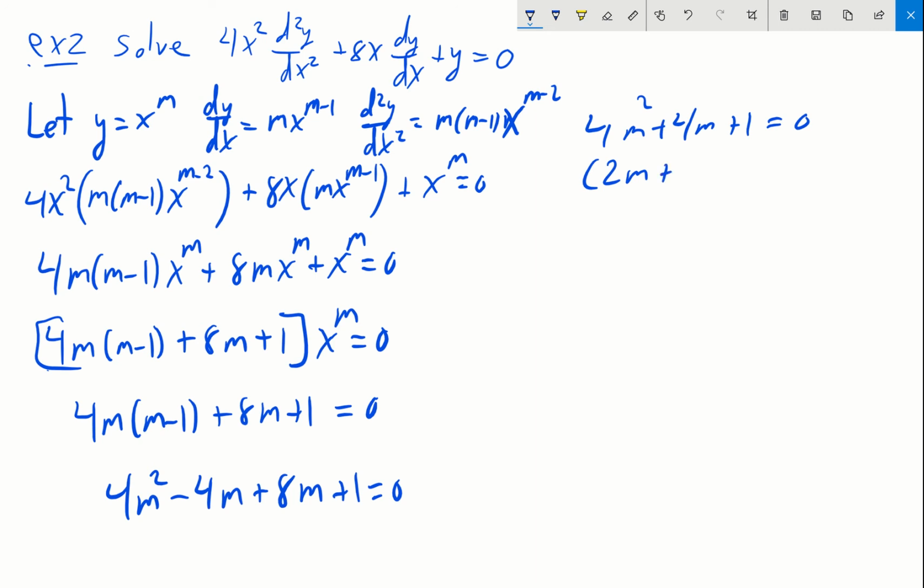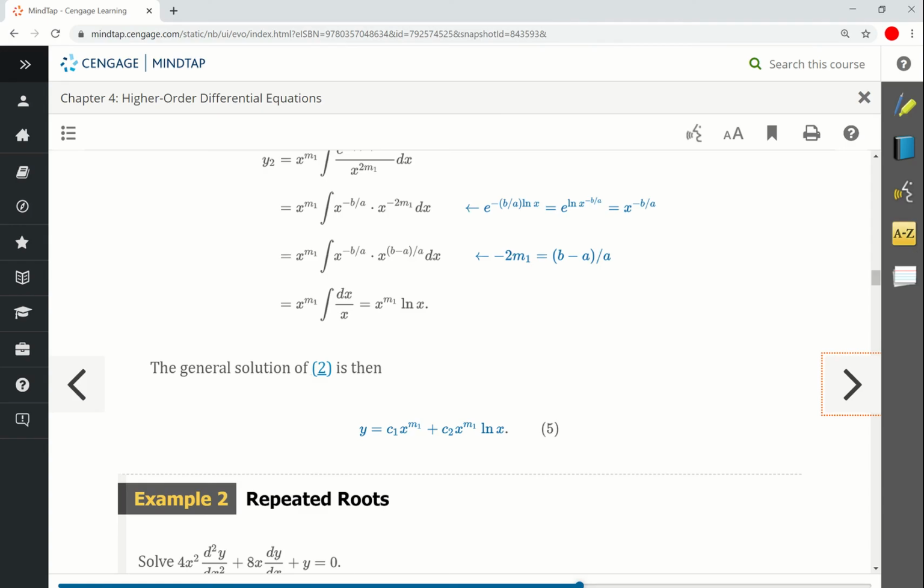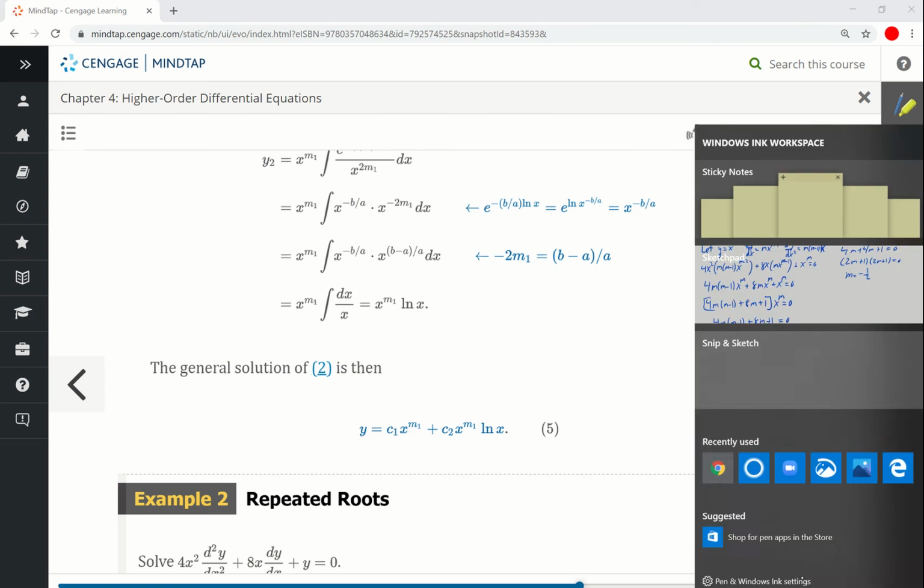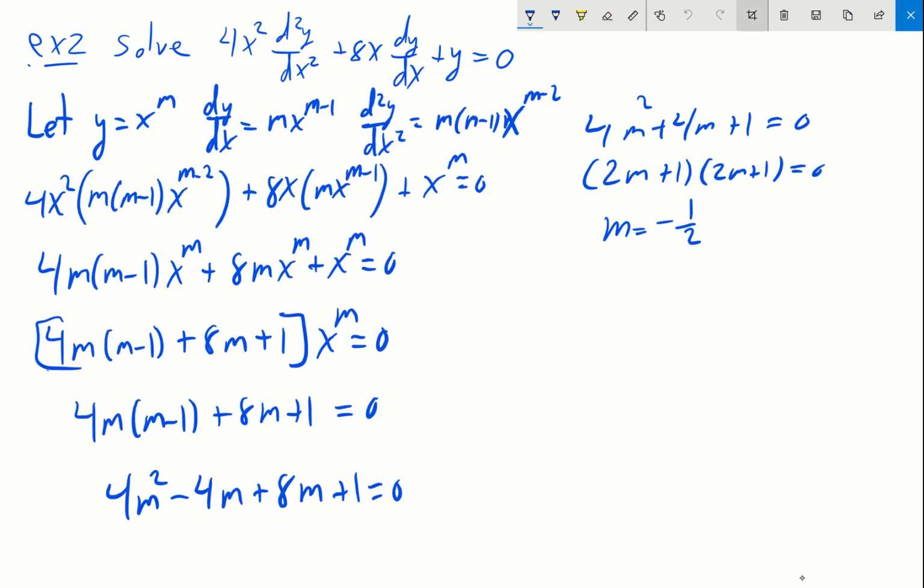So it factors as 2m plus 1 times 2m plus 1 equals 0. Set each factor equal to 0 individually, and we see that we do get a repeated root. It's m equals negative 1/2, and that is a repeated root, so it's of order 2.